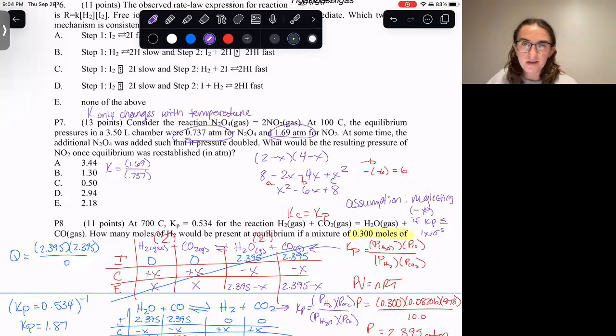Yep, we need to square the top. The 2 in front of NO2 means that we have to square it in our K expression. So K here would equal, we got 3.875.